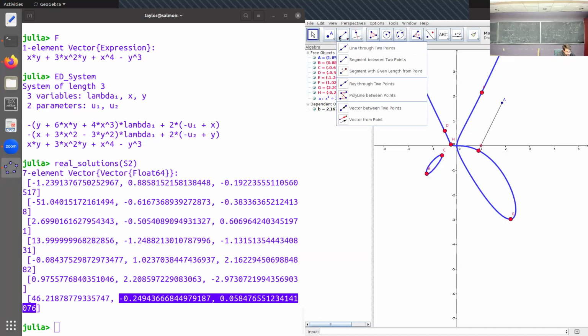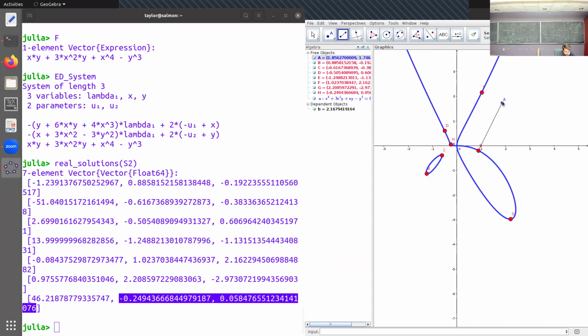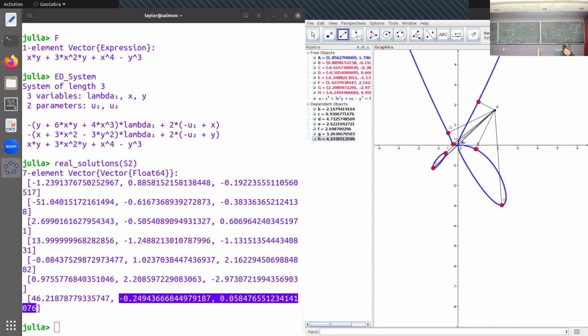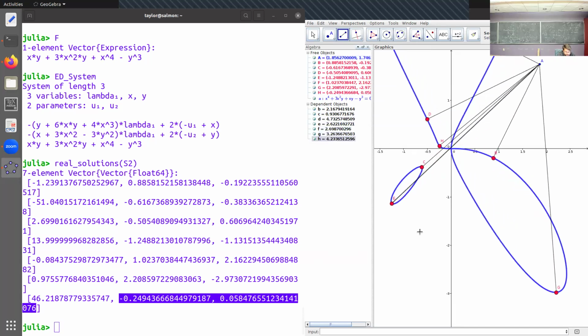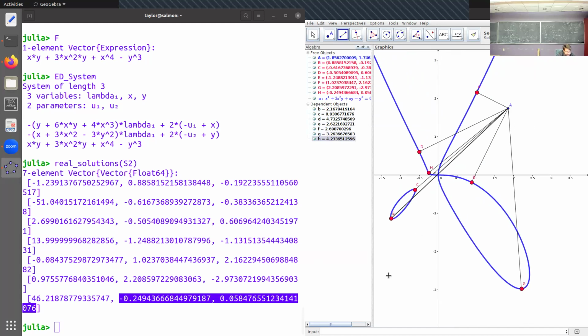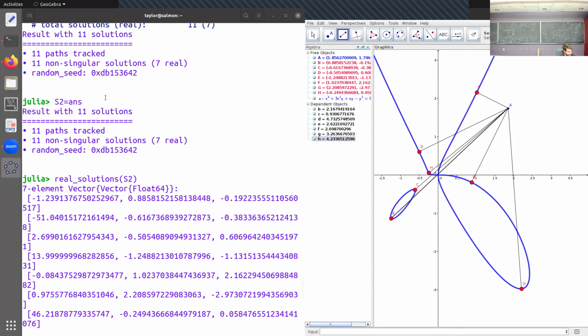Okay, and then just like in calculus, what do you do after you get the critical points? You evaluate the function you're interested in optimizing at each. Make sense? Yeah, so we got 7 real solutions, 11 non-real solutions.